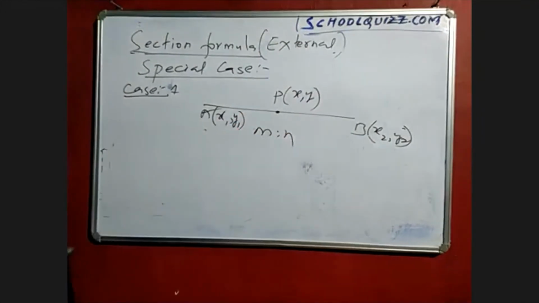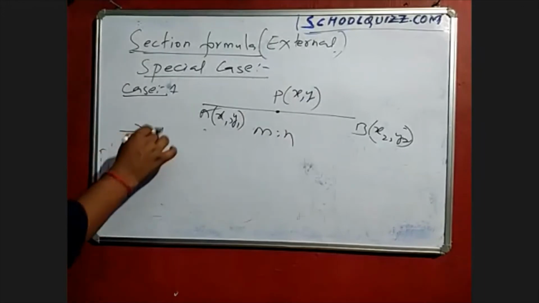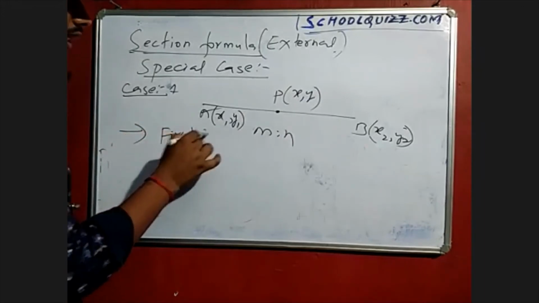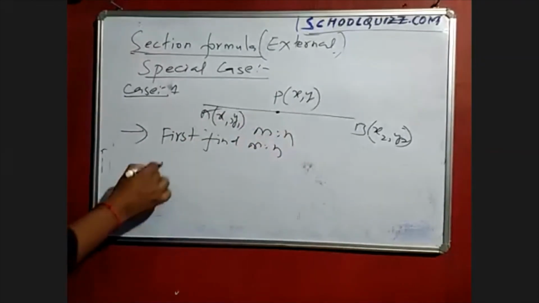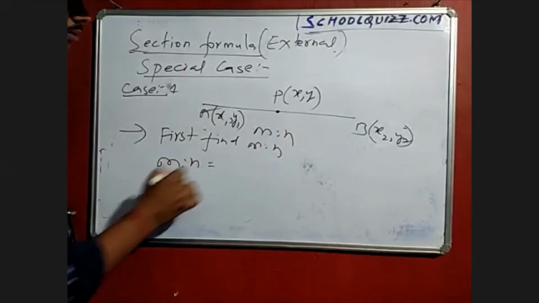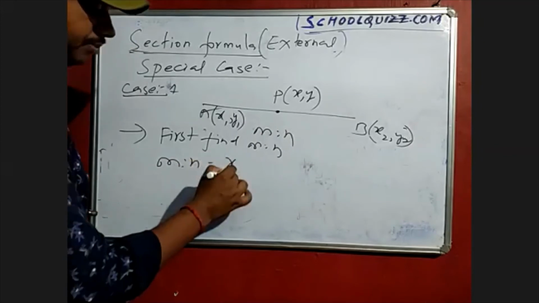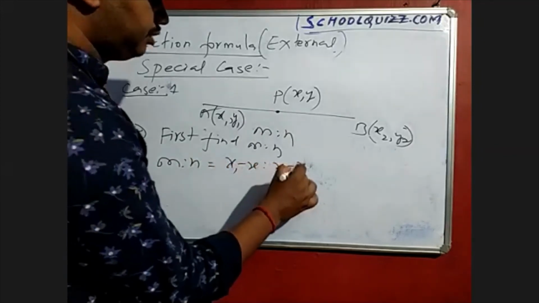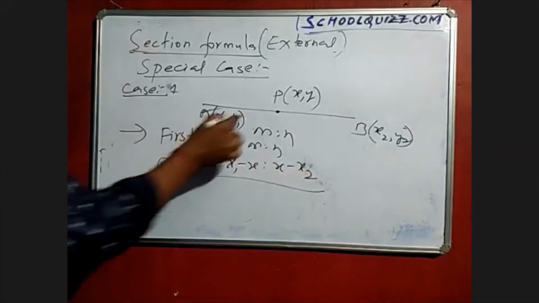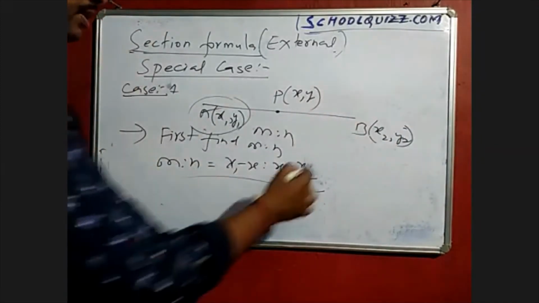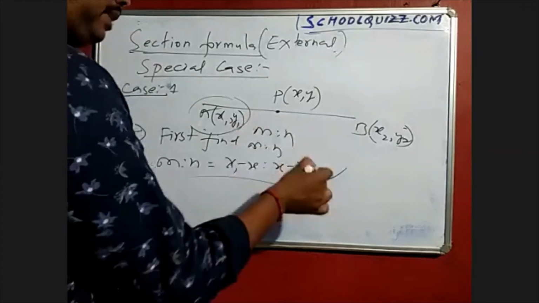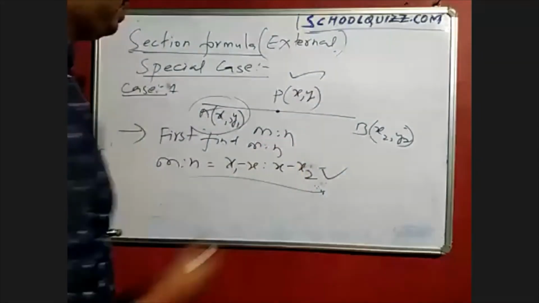So how can you go? First, find the m:n ratio by whatever formula I gave. m:n is nothing but x1 minus x is to x minus x2. You need these two coordinates only to find the m:n ratio, and once you find this, then by using this m:n ratio you can calculate P also.